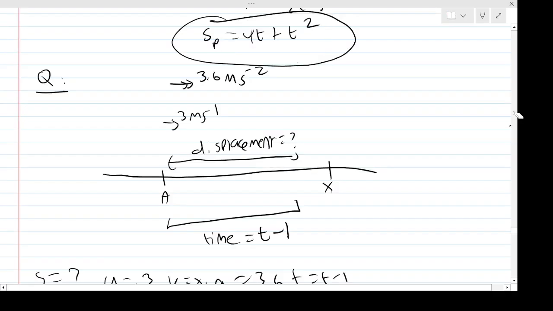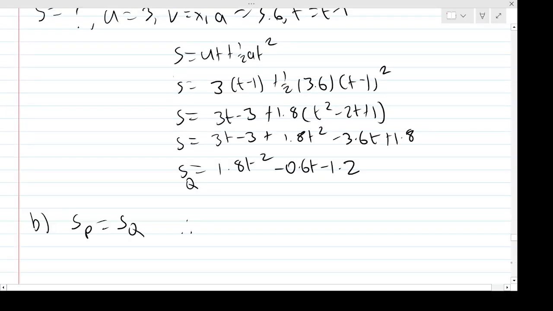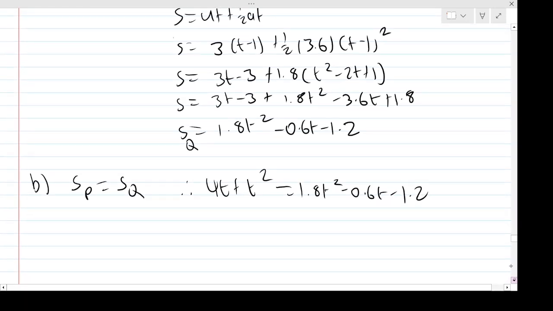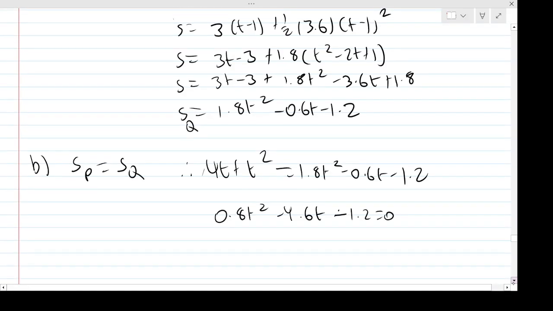So if we do that then SP, which is 4t add t squared, that's going to equal SQ, which is 1.8t squared minus 0.6t minus 1.2. So then we just solve this quadratic. If we move the left to the right, then we're going to get 0.8t squared by subtracting t squared. Then if we subtract 4, we get minus 4.6t minus 1.2 equals 0. Then we solve this quadratic.